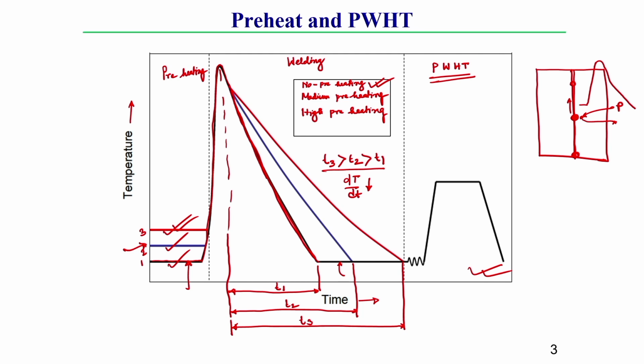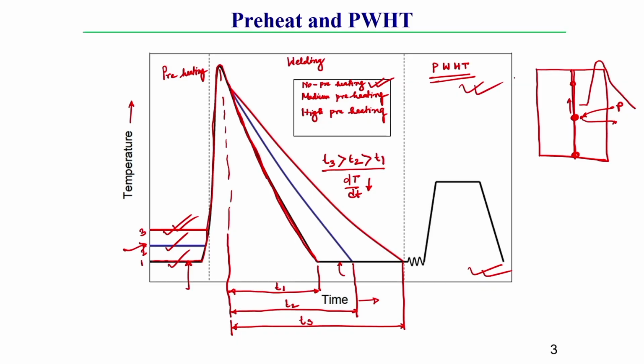The martensitic structure is converted to other forms like bainite or pearlite, which reduces the chances of cold cracking, and also helps to reduce weld induced residual stresses. Everything in detail I will discuss in subsequent slides. Now, the post weld heat treatment details I will discuss in today's lecture.